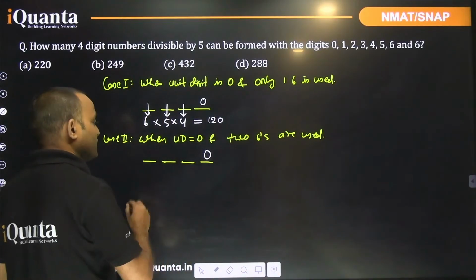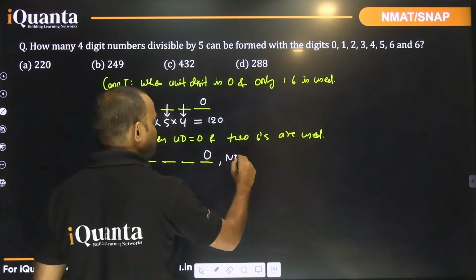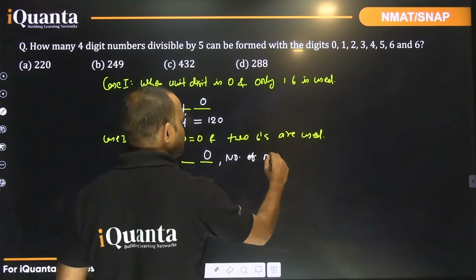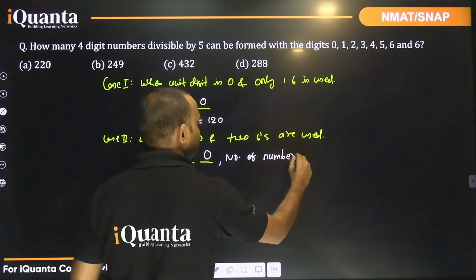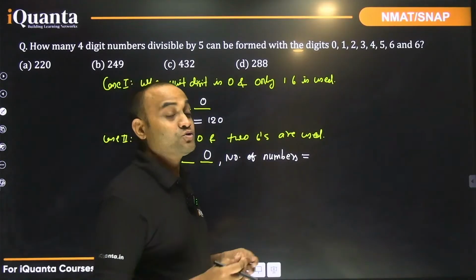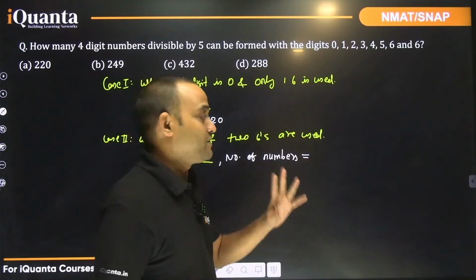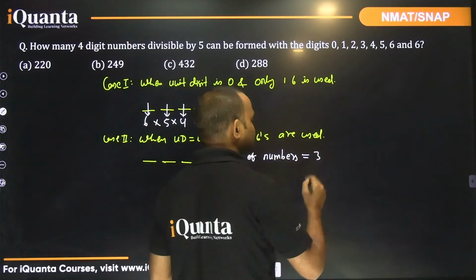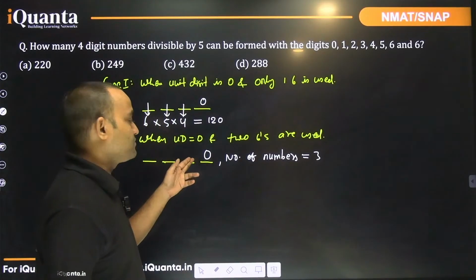So what will be the number of ways, the number of such numbers? First of all, in which of these places are we going to use 1, 2, 3, 4 or 5? So there are 3 options, right? It could be 6, 6, something, or 6, something, 6, or something, 6, 6.